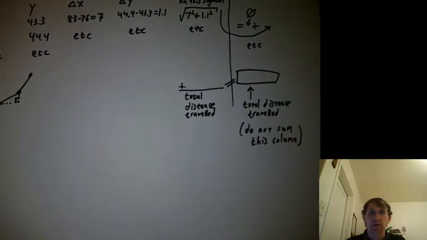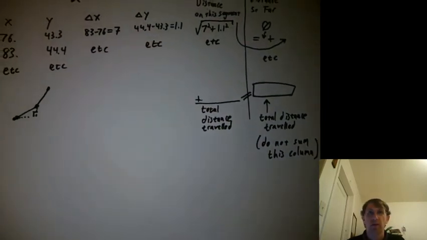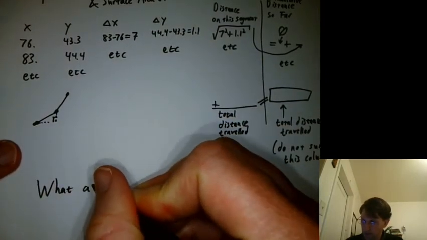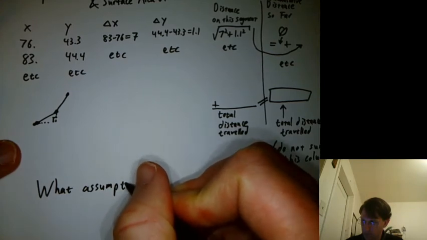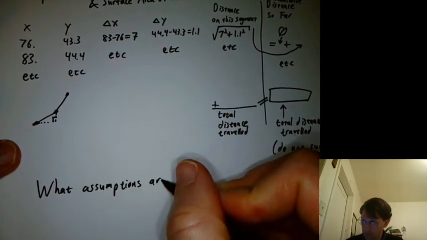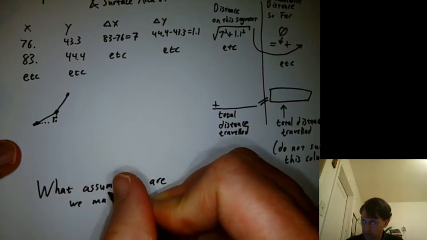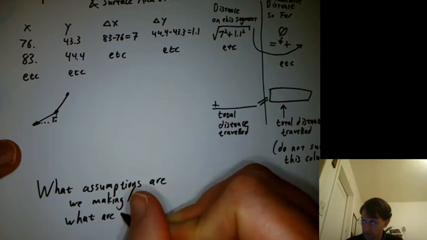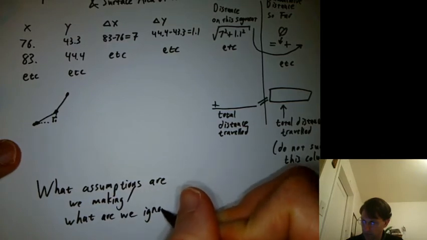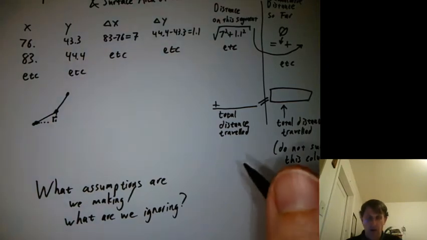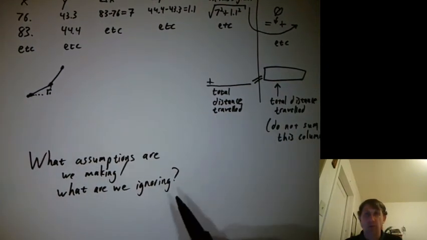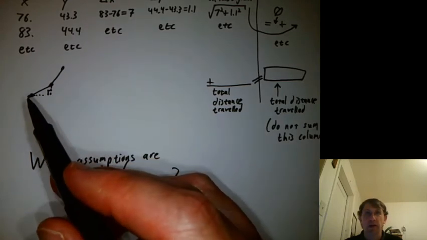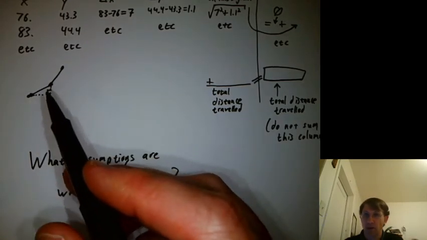What kind of assumptions are we making in this calculation, or you could say what things are we ignoring? Well, when I talked about this in class with students, some of them said the airplane's path is probably not exactly linear between points, and I agree with that.